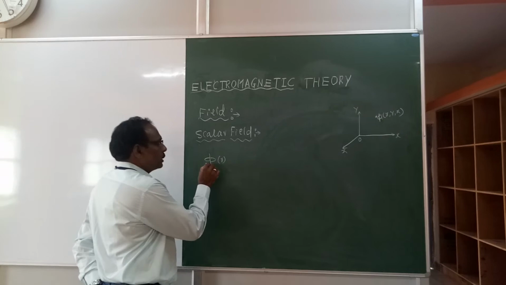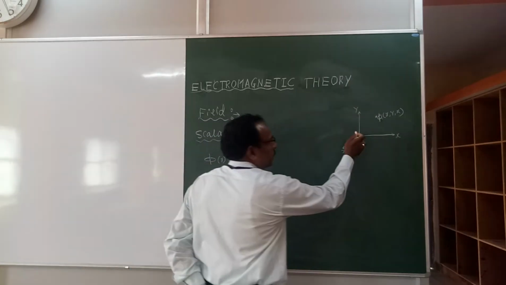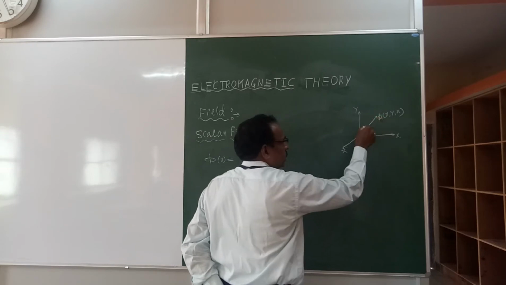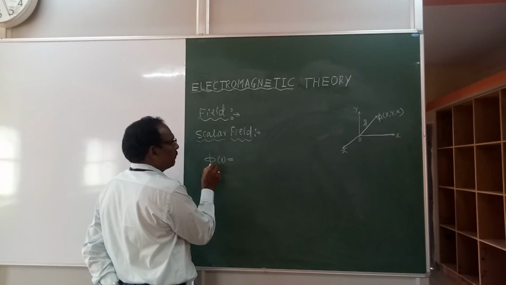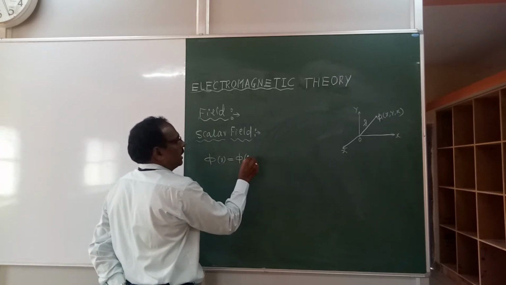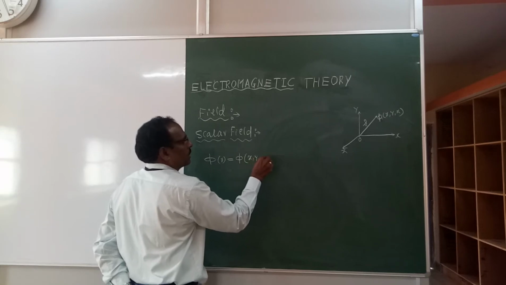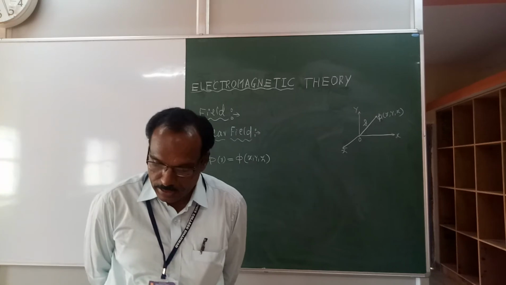And this r is the position vector. So this scalar function is a function of x, y, z, where x, y, z are Cartesian coordinates.